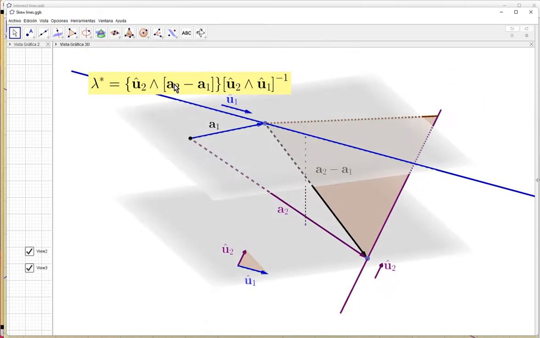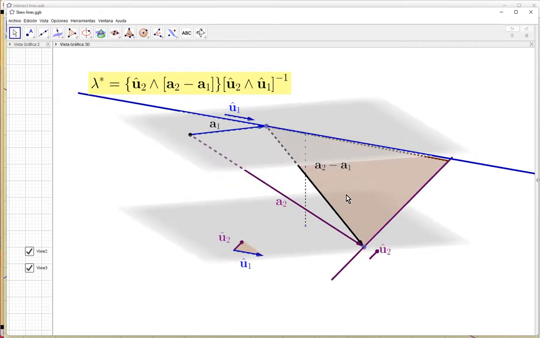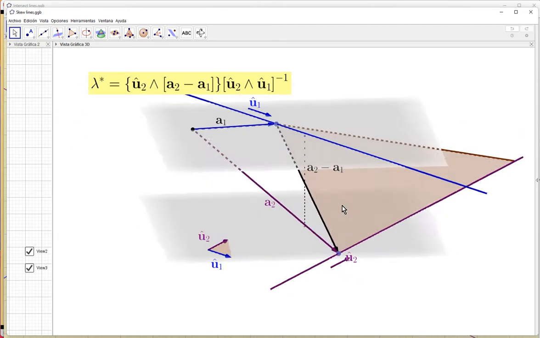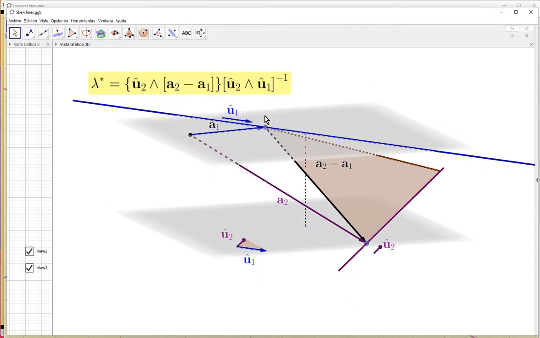This bivector u hat wedged with a2 minus a1, where a2 minus a1 is a vector, lies in this plane. In contrast, u hat 2 wedged with u hat 1 lies in this plane. And the inverse of u hat 2 wedged with u hat 1 is a scalar multiple of this same bivector.